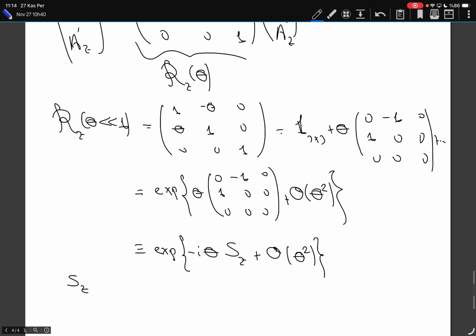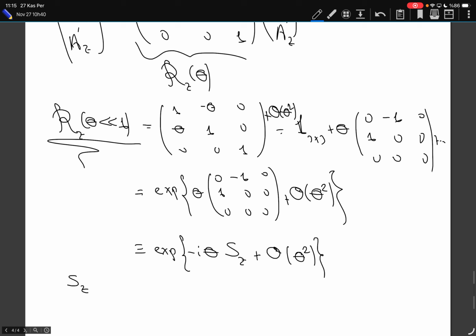I didn't yet. For the time being, I'm just expanding things up to order theta squared for very small theta. I don't know what the terms of the order of theta squared are. They will turn out to be 0, but I don't know that yet.